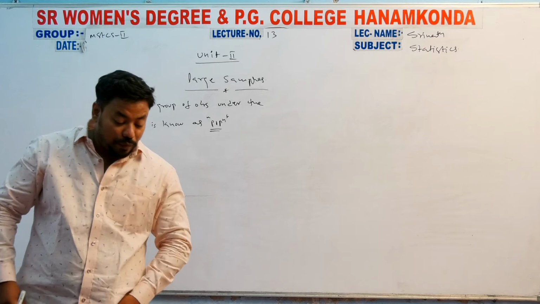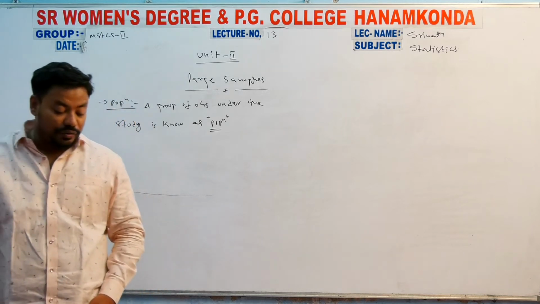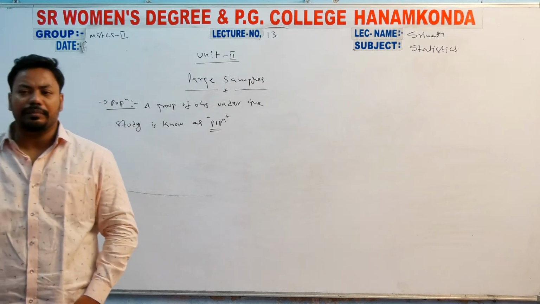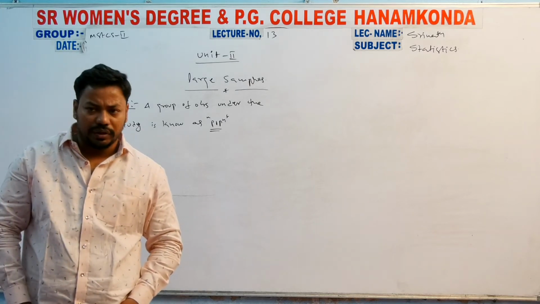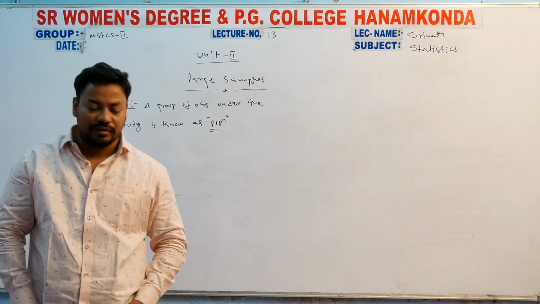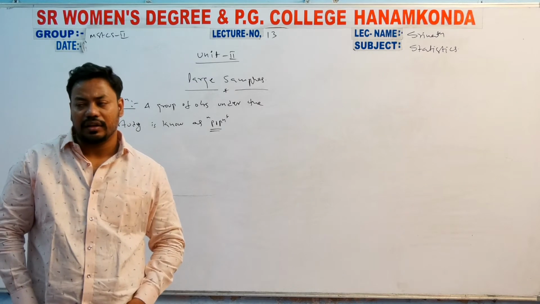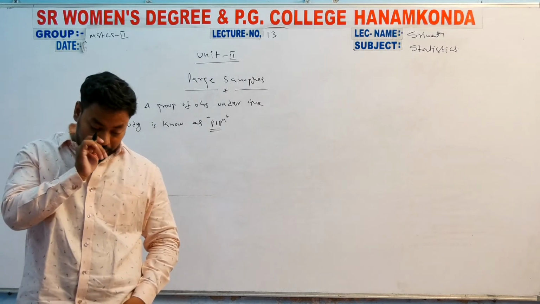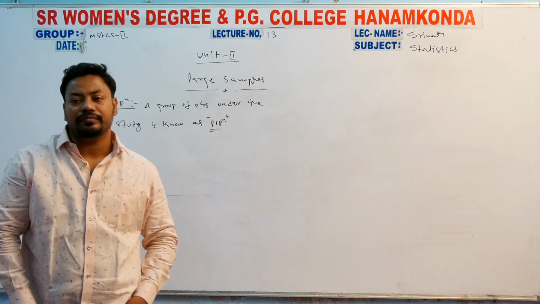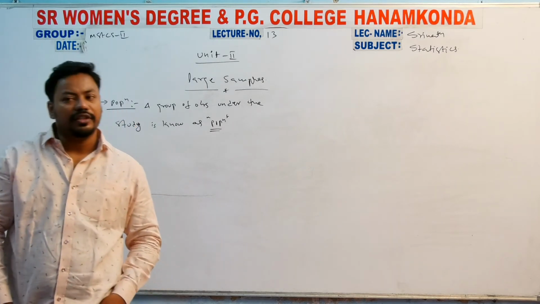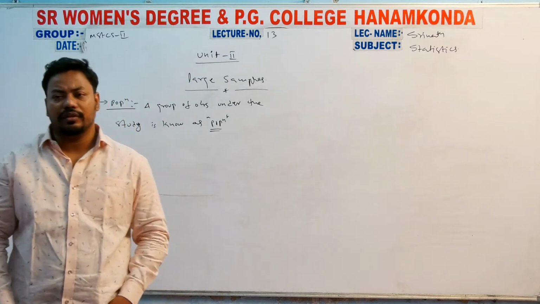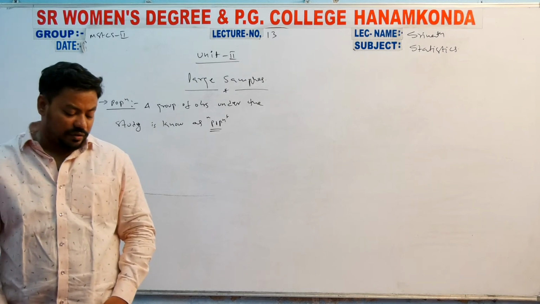As examples of populations, we are taking the number of students in SR University, number of students in SR campus, number of plants in a garden, number of chairs in the classroom, number of students in the classroom. We are taking many examples.